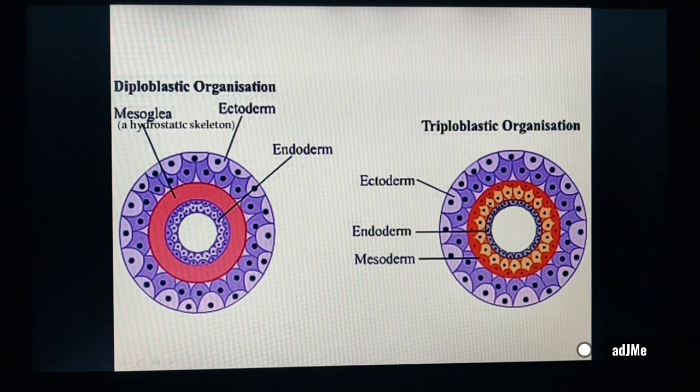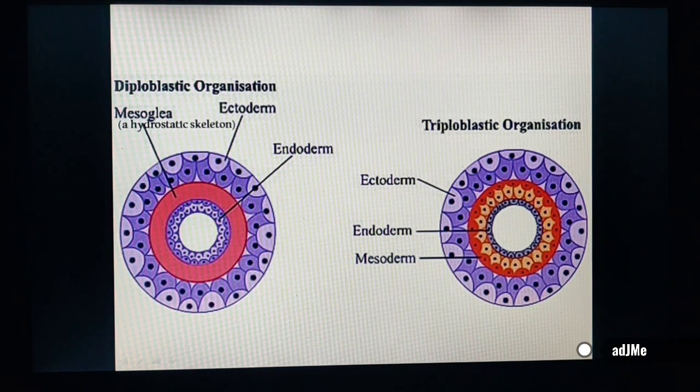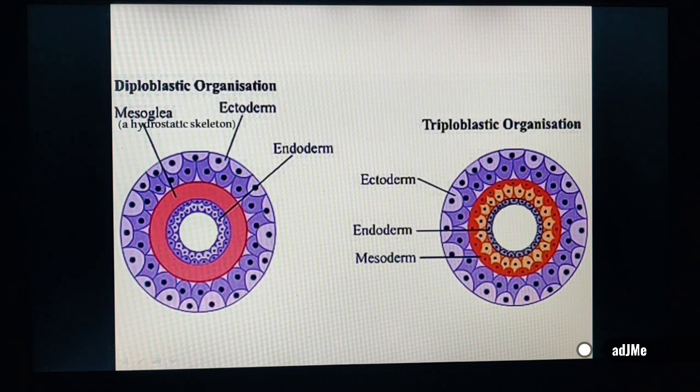When you have three layers, ectoderm, mesoderm, endoderm, those are called triploblastic animals. If there are only two layers, then those are called diploblastic animals. Example for a diploblastic animal is hydra, and example for a triploblastic animal is rabbit.